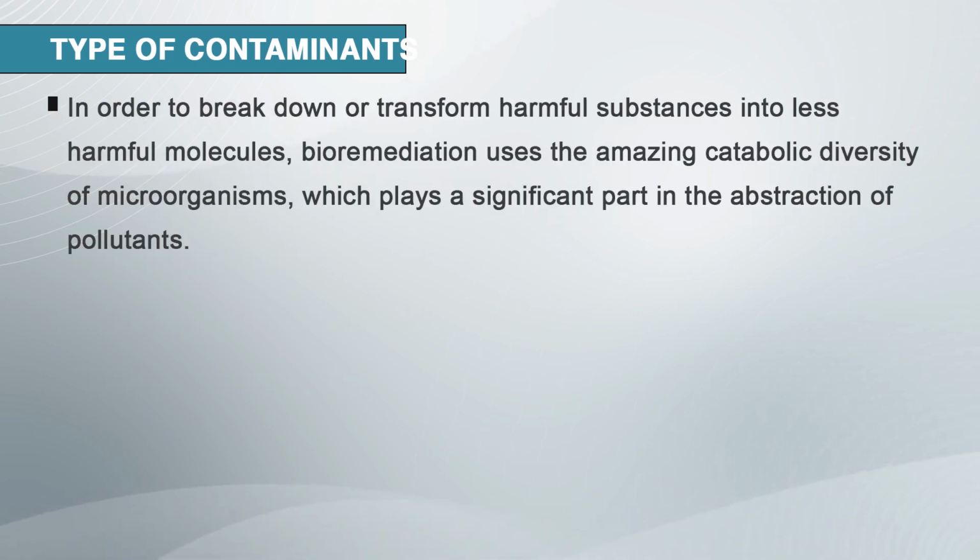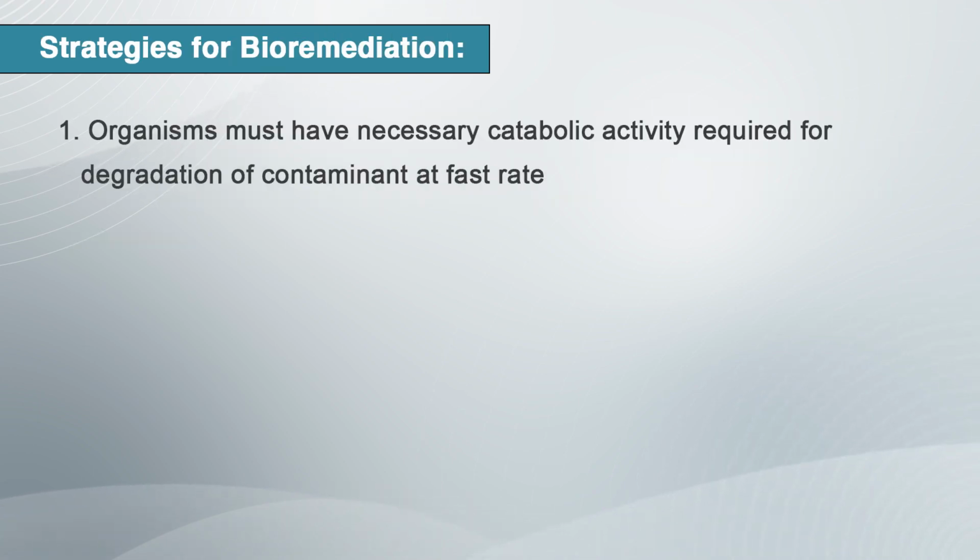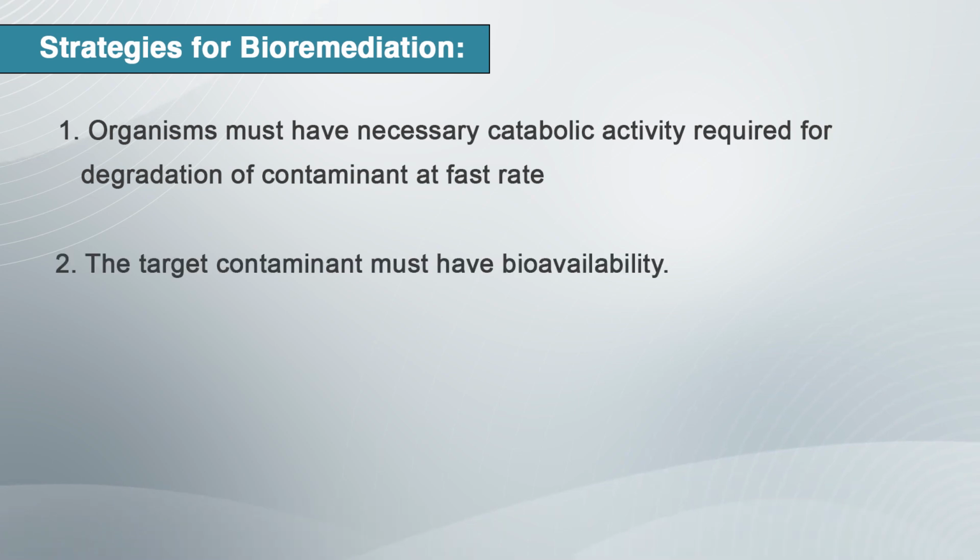In order to break down transformed harmful substances into less harmful molecules, bioremediation uses the amazing catabolic diversity of microorganisms, which play a significant part in the removal of pollutants. Strategies for bioremediation: first, the organism must have the necessary catabolic activity required for degradation of the contaminant at a fast rate to bring down its concentration. Second, the targeted contaminants must have bioavailability.